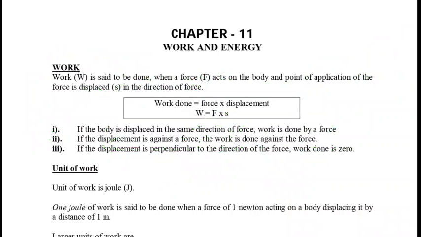So W is equal to F into D or F into S, where D or S is the displacement. Remember that the formula of work is force into displacement, whatever the force, whatever the displacement.